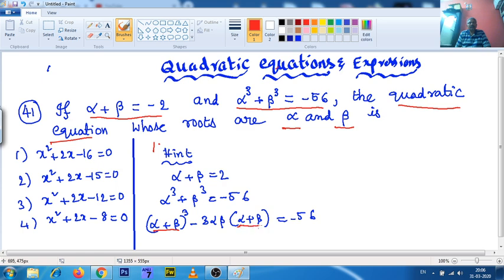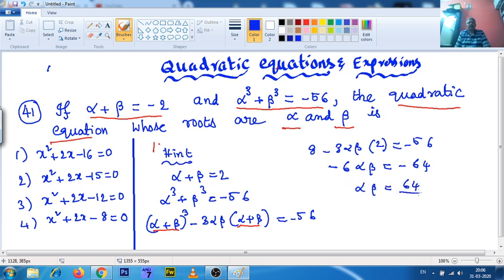Now we get 2 cube is 8 minus 3 alpha beta into 2 is equal to minus 56. This is minus 6 alpha beta, which equals minus 56 plus 8 minus 64. Alpha beta equals 64 by 6.